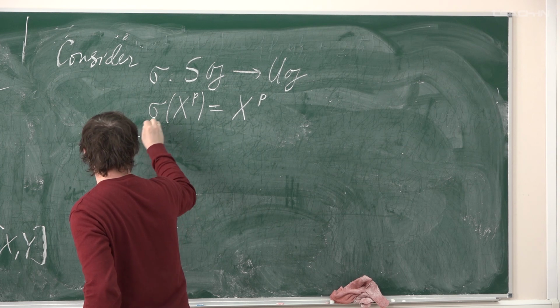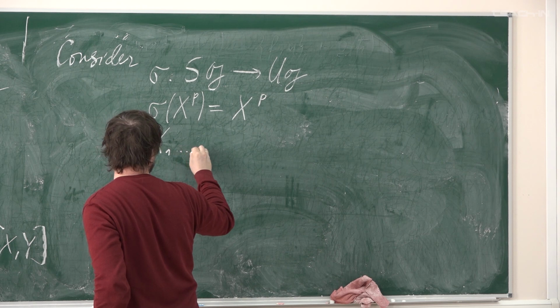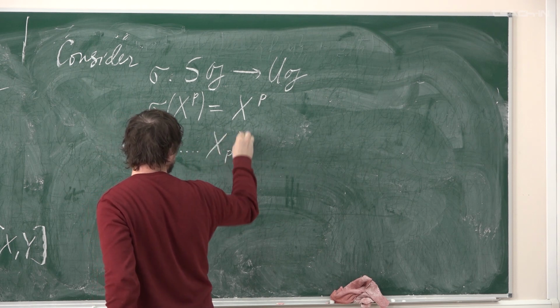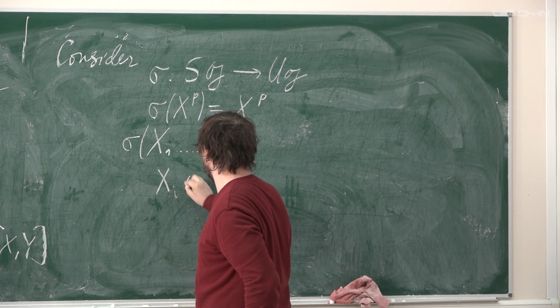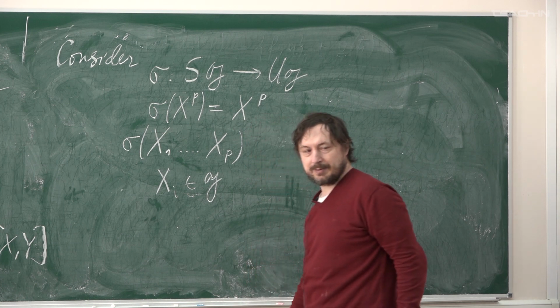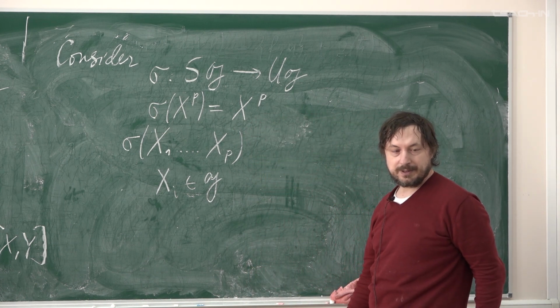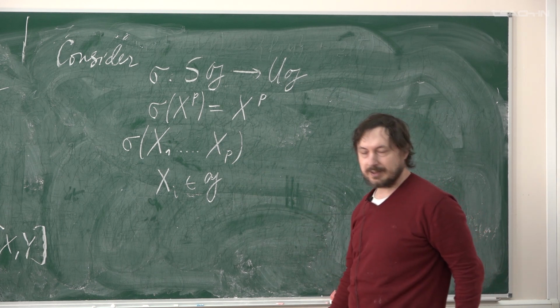You take the monomial x1 ... xp, where the xi are just some elements in g. Every element in this symmetric power of g is a linear combination of such elements.